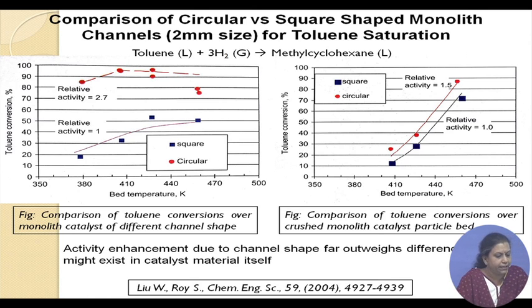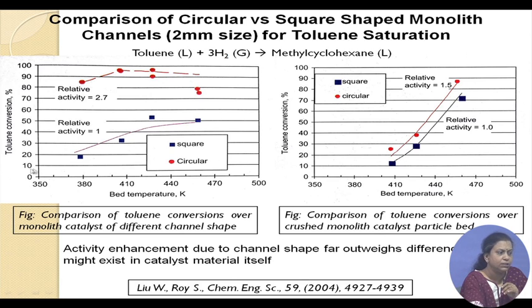So, in order to check it, firstly they tried to find whether it was really happening for both isooctane as well as toluene. They tried to confine the reaction to toluene hydrogenation, for which they added small fractions of toluene into methyl cyclohexane in order to ensure that only toluene saturation was occurring, and then they performed the reaction in both a circular and a square conduit.